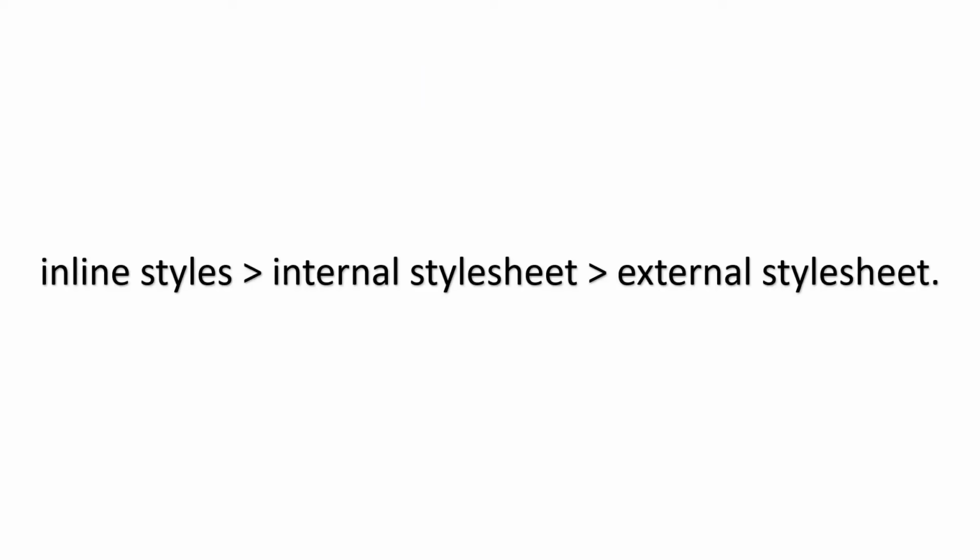So we have some rules of priority while using style sheets. That is, inline styles have more priority than internal style sheets, and internal style sheets have more priority than external style sheets.